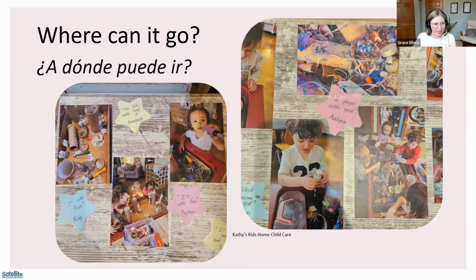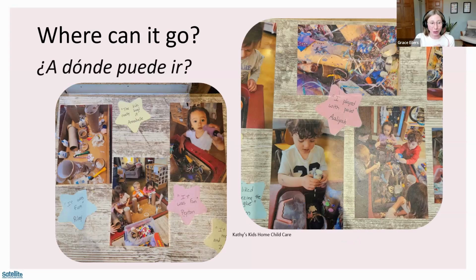For those experiences in which there is not really anything that can go anywhere, take photos of the child and display those in the environment. So here is a great example from Kathy's Kids Home Child Care based out of Green Bay.